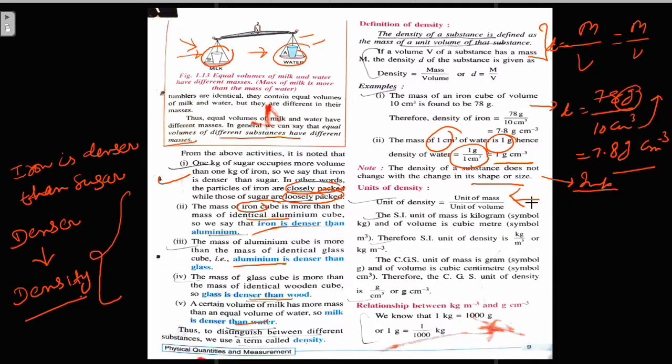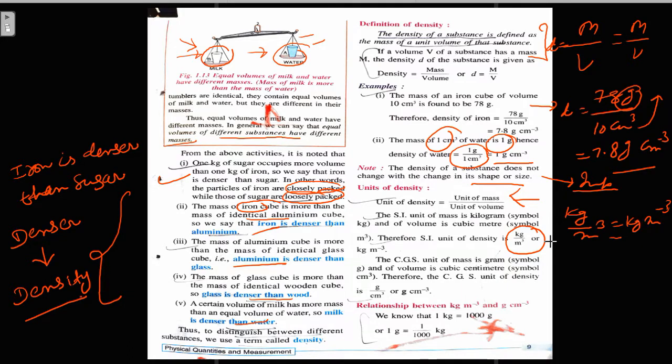In SI, the Standard International system, the unit of mass is kilogram and the unit of volume is cubic meter, or meter cube. So the SI unit is kg per meter cube, or kg m^-3.